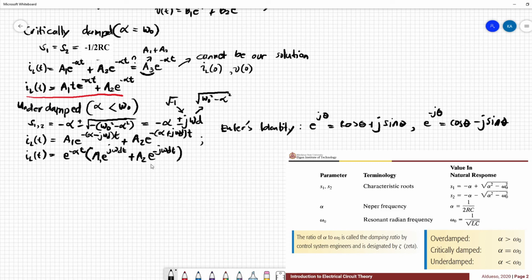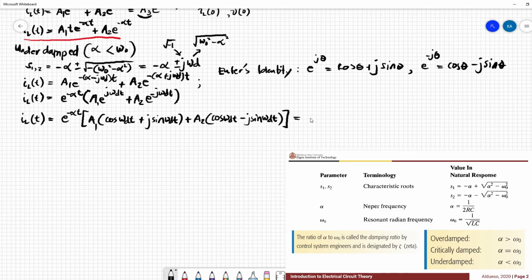So using Euler's identity and combining like terms, the equation becomes e^(-alpha t) times the quantity (A1 plus A2) cosine of omega d t plus j (A1 minus A2) sine of omega d t.